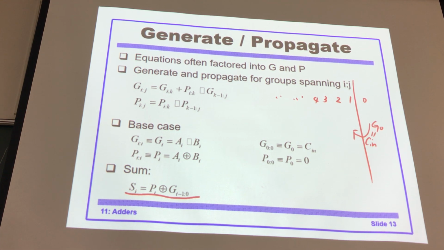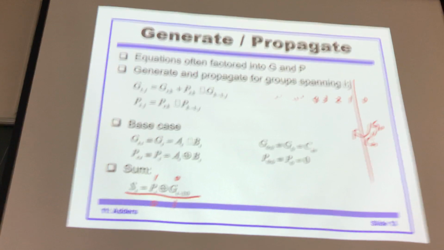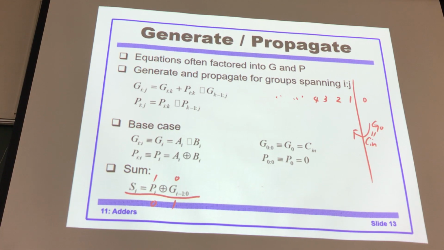Sum bit position I. When you get sum bit 1, it must be that either you carry propagate 1, 0, or 0, 1. Is that right?